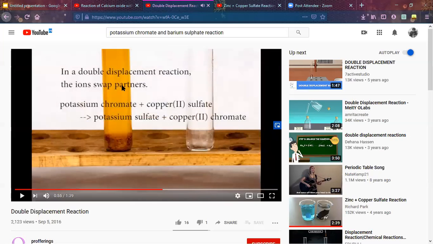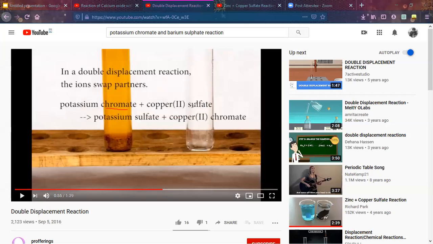So what do you see? After putting chromate, the color changed and a solid formed, and that solid settled at the bottom, correct? When it was kept for some time. So this is what happened. Potassium chromate plus copper sulfate gives potassium sulfate and copper chromate.